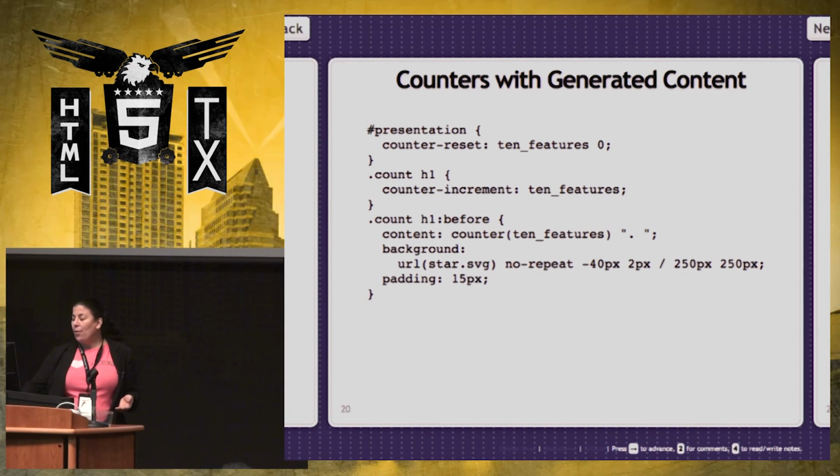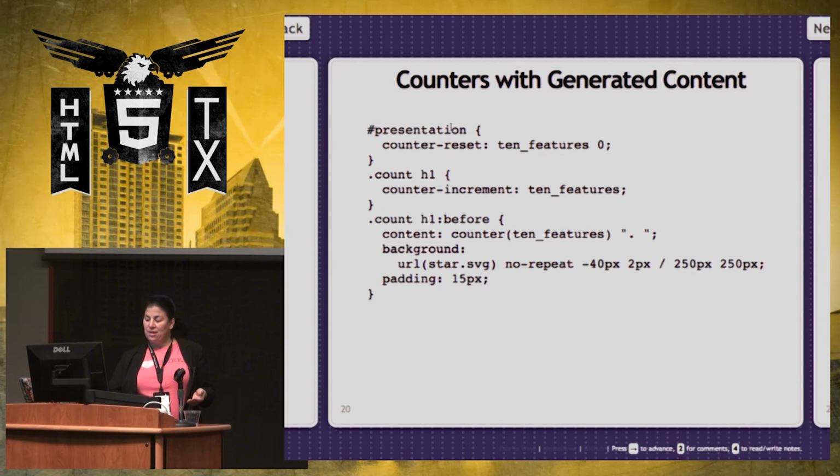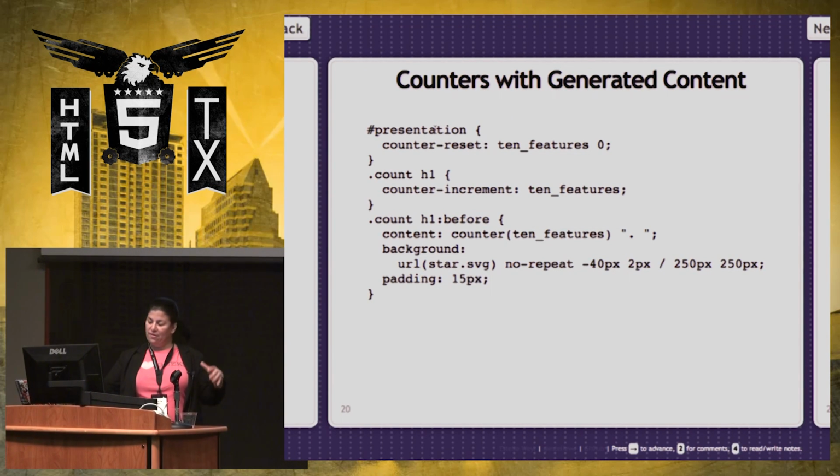So here, I am resetting on the body, basically, presentation is the div that contains most everything. And I'm calling this slide, the counter 10 features. And I'm resetting it to 0. So I put that on the parent. And then I increment every time I hit an H1 that's in a slide called count, I increment 10 features.